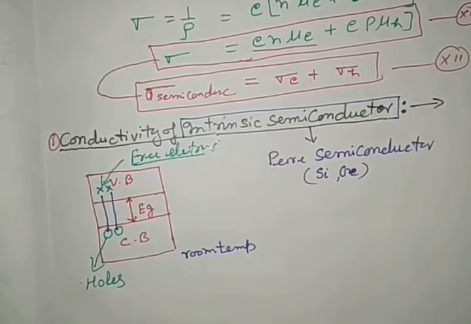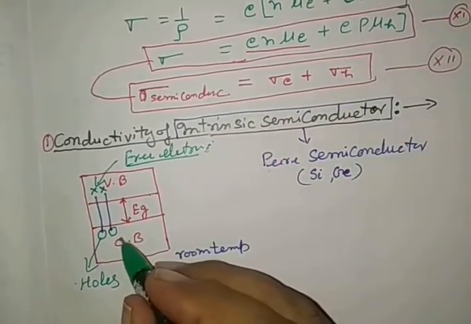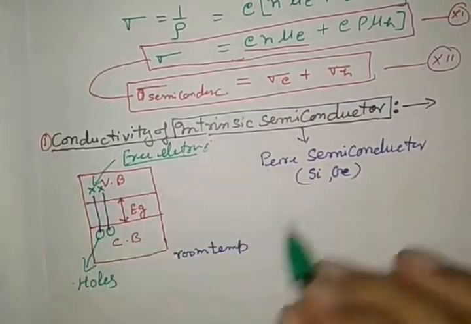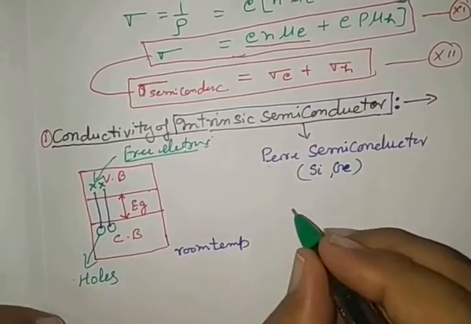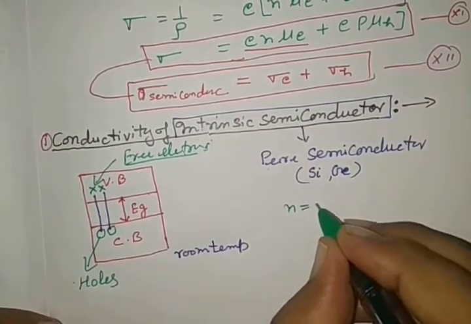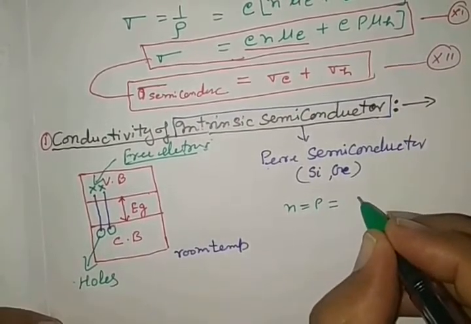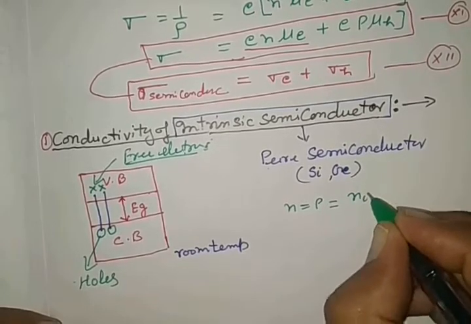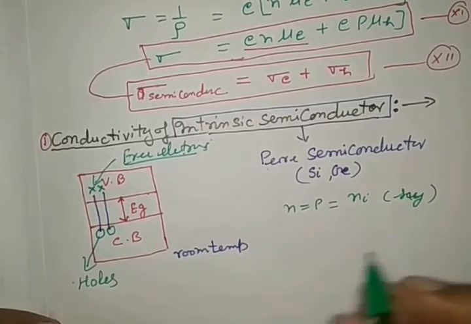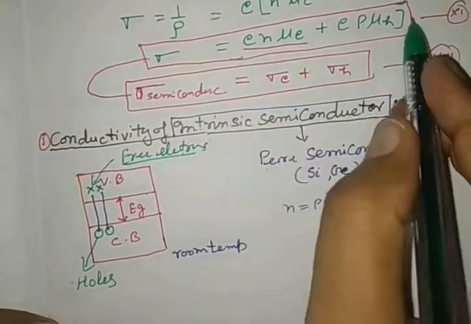We know this. So the number of holes is equal to the number of electrons in a pure semiconductor. We may write n, the number of electrons, is equal to p, the number of holes, and we represent it by ni. If we consider it as ni, then see how the equation can be written.